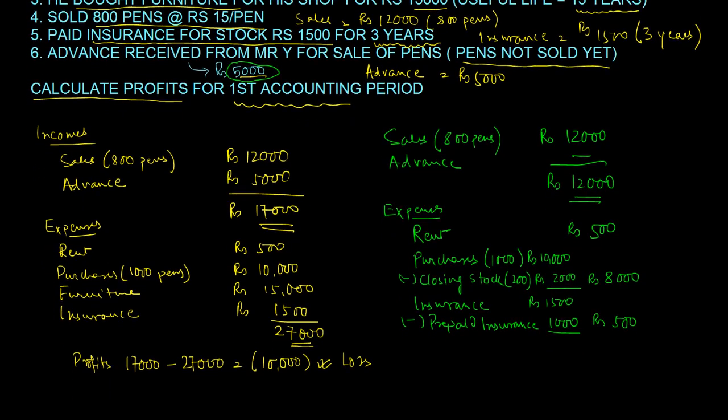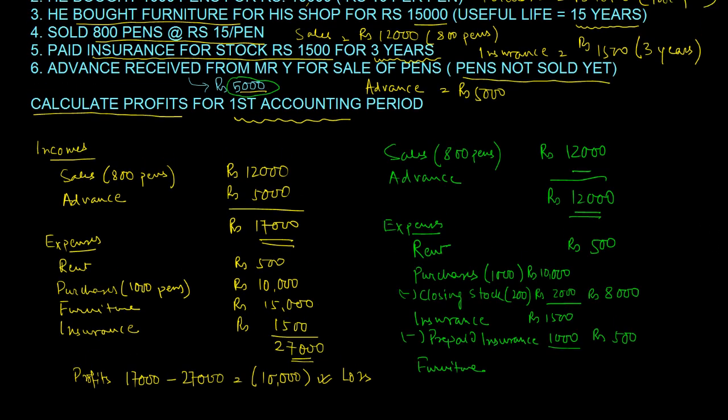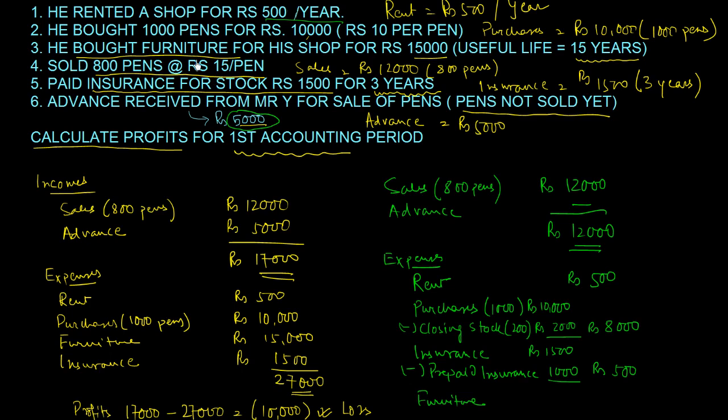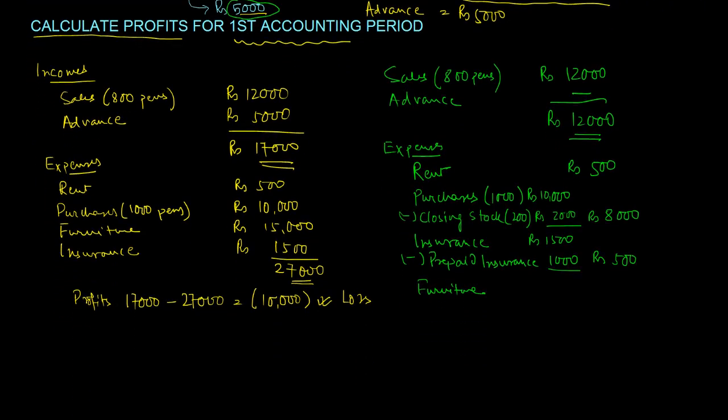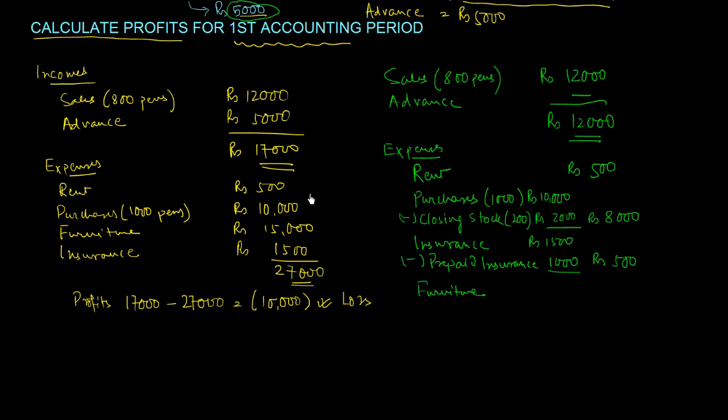Let us move to the next point, that was furniture. Here we see that the furniture is purchased for rupees 15,000. Let us scroll up a bit. The furniture was purchased for rupees 15,000 and the useful life was said to be 15 years. So out of the 15 years we have enjoyed the benefit for only 1 year.